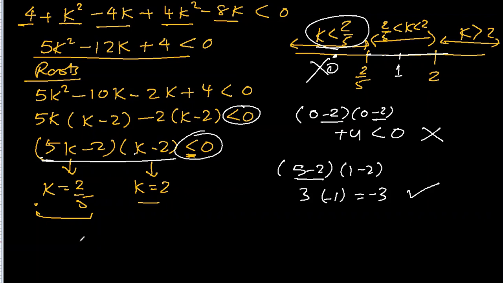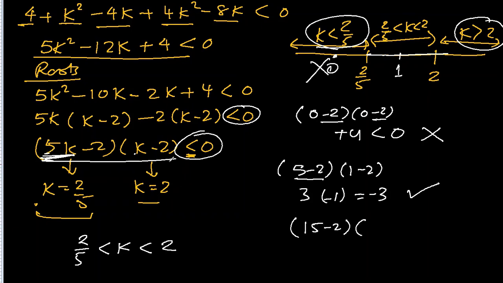The first answer we have is 2/5 less than k less than 2. Let's see if k greater than 2 is also in the solution. So let's take a number more than 2. 3 is okay. So 3 times 5 here, 15 minus 2, 3 minus 2.